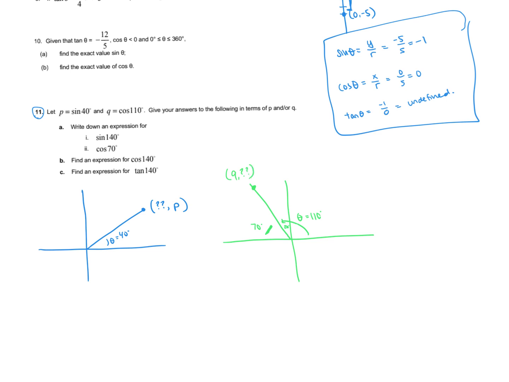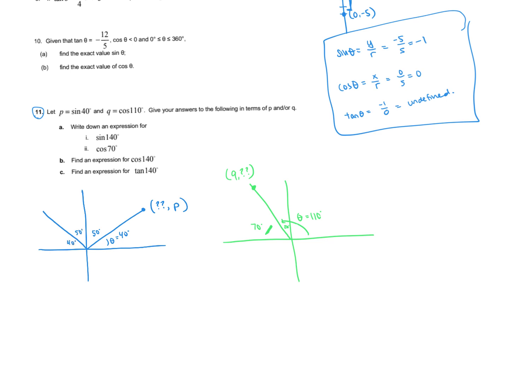Okay. So A1 wants us to find sine of 140. Okay, 140 is like over here, 90 plus 50. So if you think about that, this is 50 degrees, this is 50 degrees, this is 40 degrees.